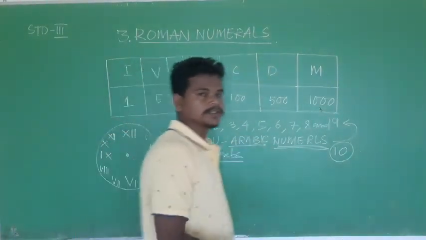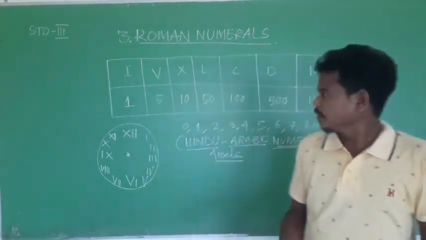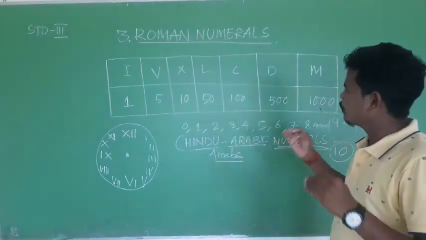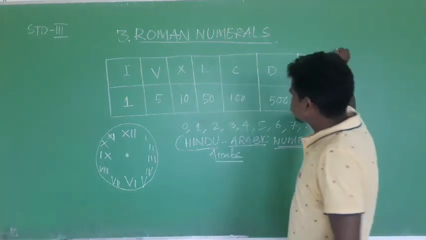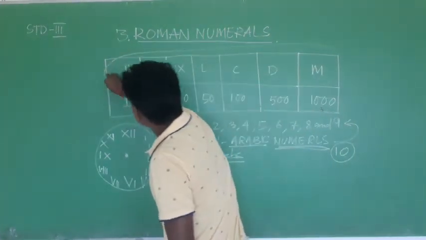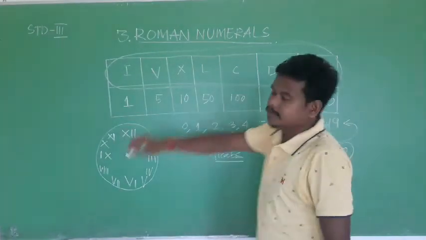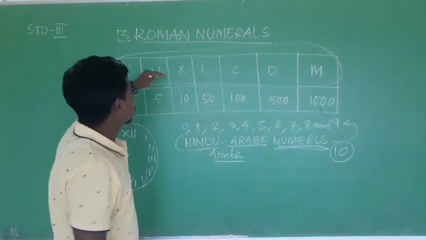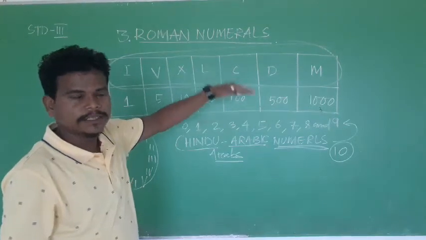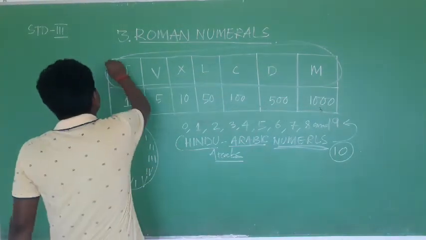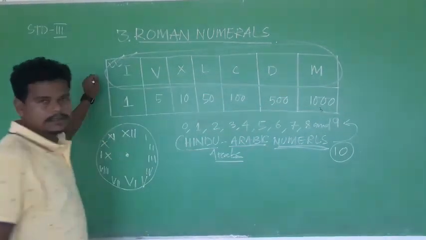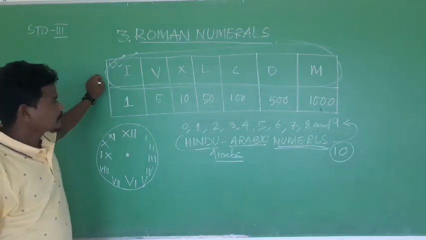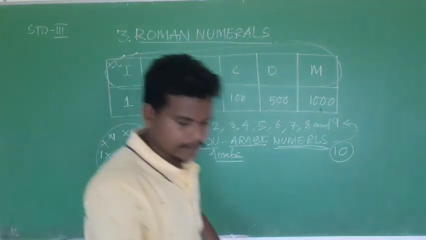All other numbers are formed by writing these 7 symbols only, using some rules. There are certain rules to represent the numbers using Roman numerals. Understand? But how? See.